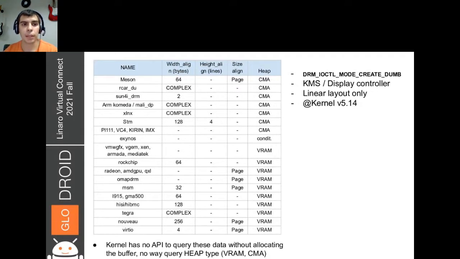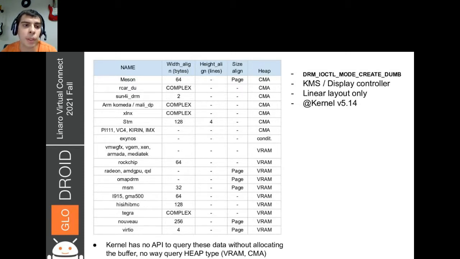Let's see how display drivers allocate memory for frame buffers. Different drivers do different operations, which can be summarized down to applying four constraints: width alignment, height alignment, size alignment, which may also be called page alignment, and heap selection. We need to select a heap because some hardware doesn't have an MMU.